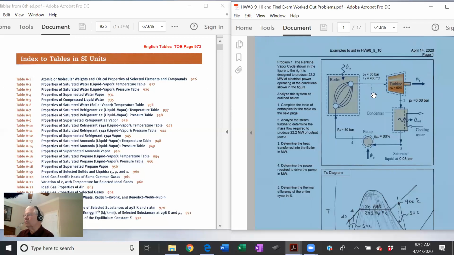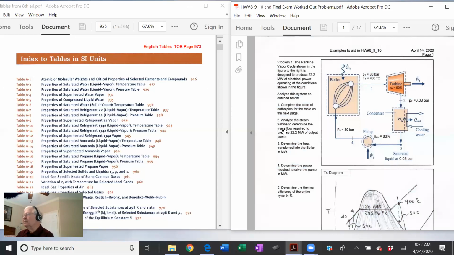We'll get to those. Analyze the steam turbine to determine the mass flow required to produce 22.2 megawatts of output power. That's the mass flow around the cycle in kilograms per second. Determine the heat transfer into the boiler in megawatts, it's Q_in.